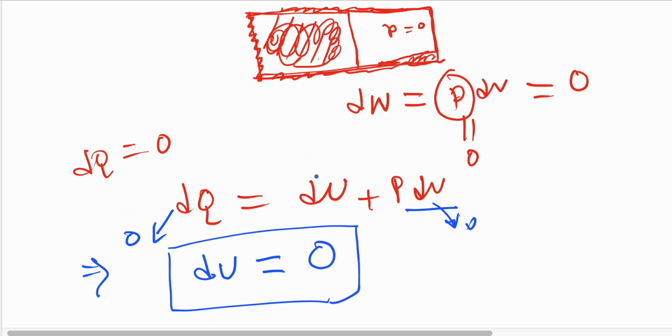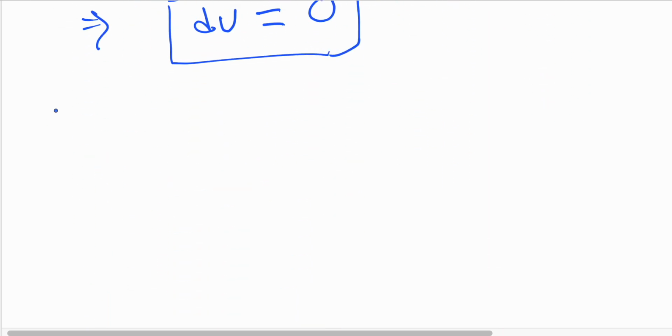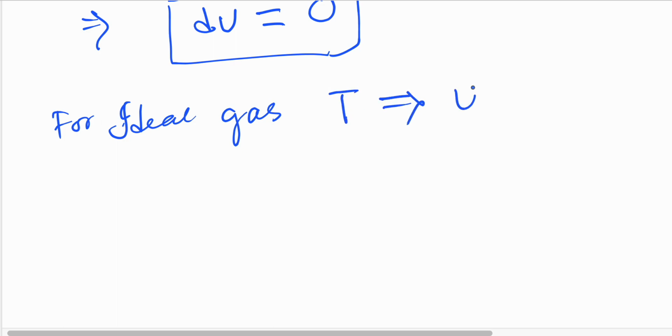Suppose that inside this box there is an ideal gas, and we know that for an ideal gas the temperature directly depends on the internal energy of the system.